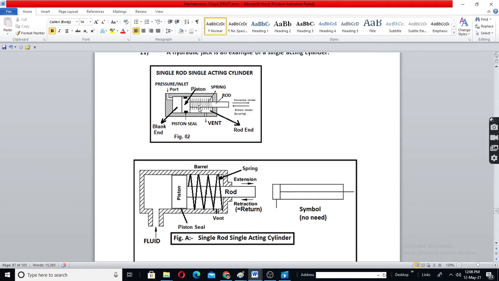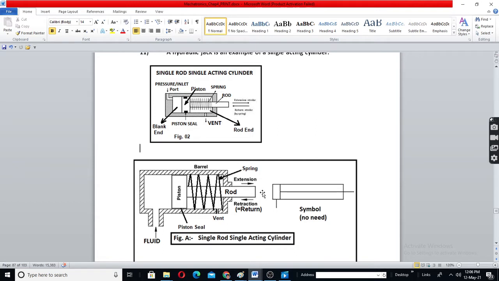This is called as rod end, towards right side of the piston, and left side is called as blank end or blind end. This is blind end. Okay. When the piston moves towards rod side, we call it as extension stroke or extension.